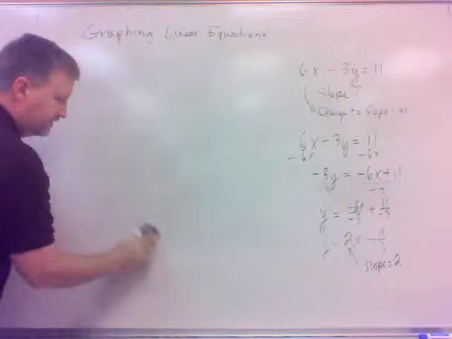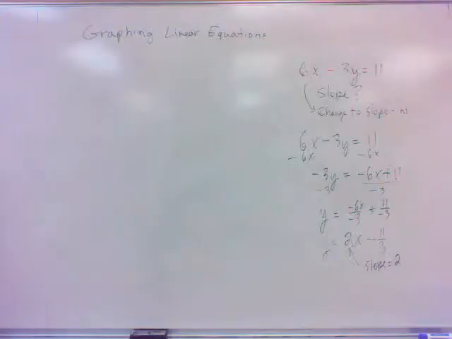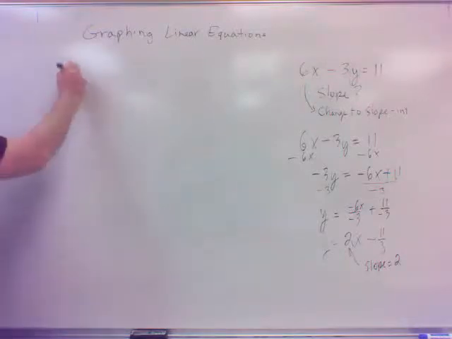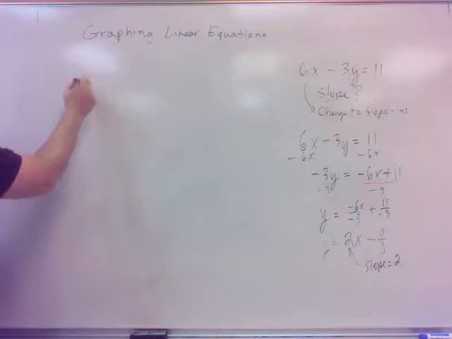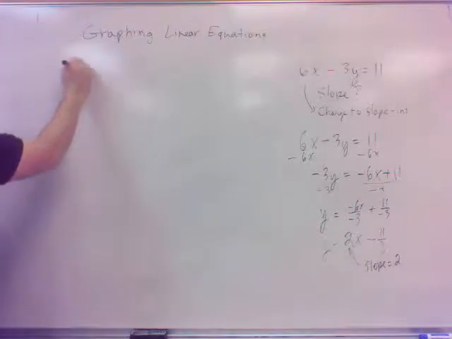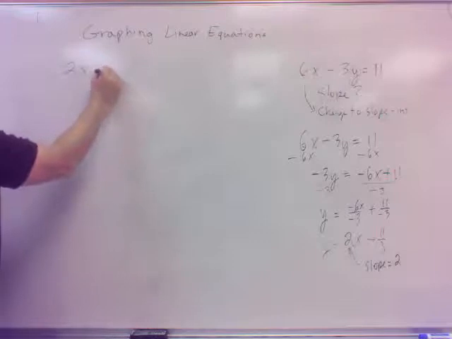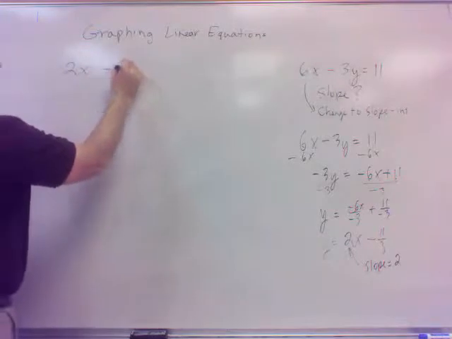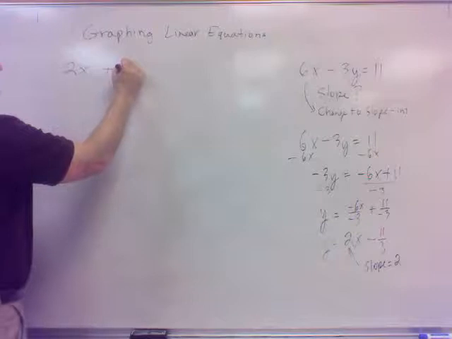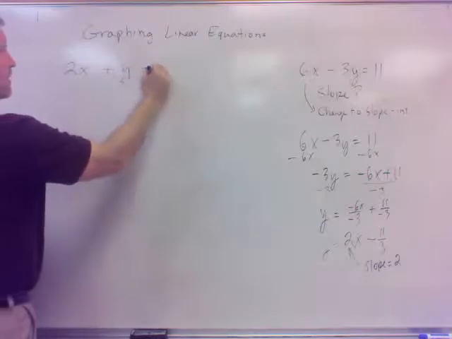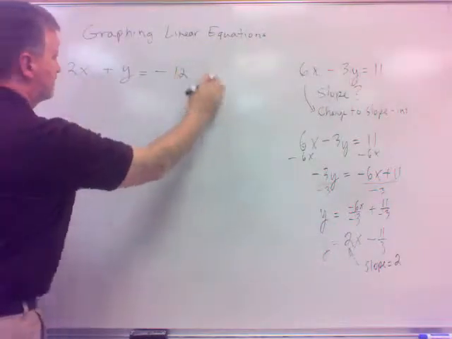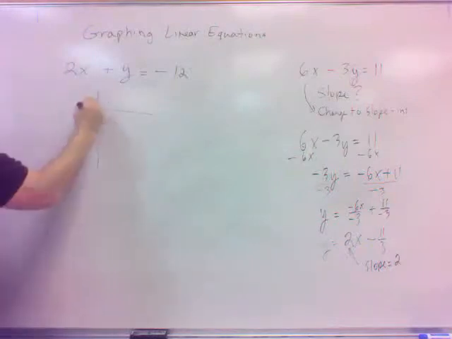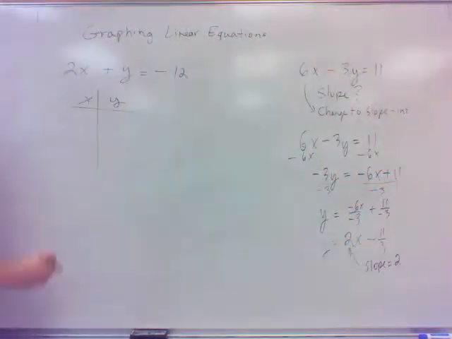If all else fails, when you're graphing any equation, not just these linear ones, there's always the possibility that you use a table. What if I had 2x plus y equals -12, and I wanted to complete a table?